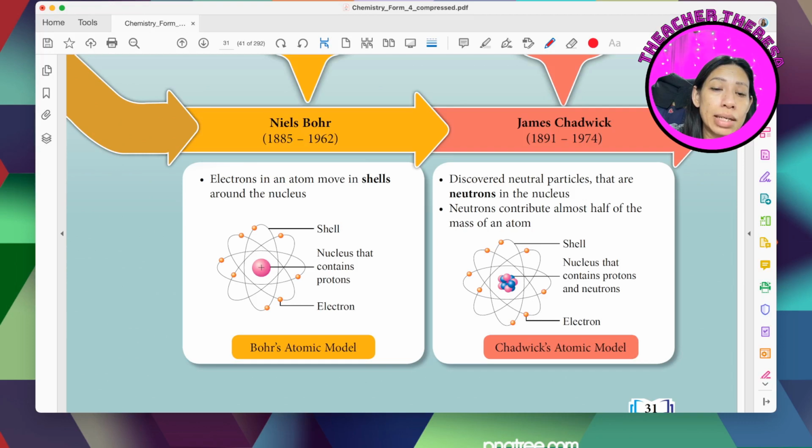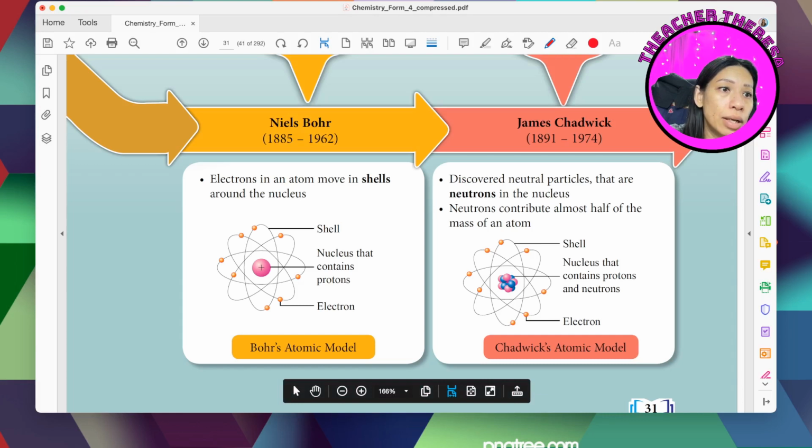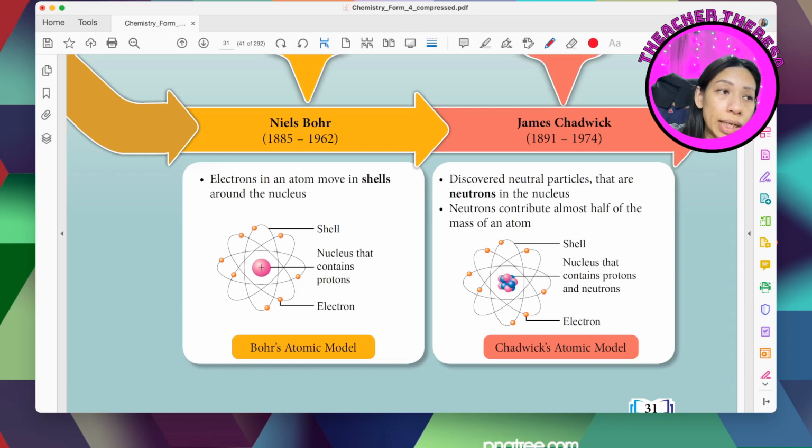You need to understand that an electron shell only occupies one electron. One electron will occupy one shell. So if you have 20 electrons, then you will have 20 electron shells.